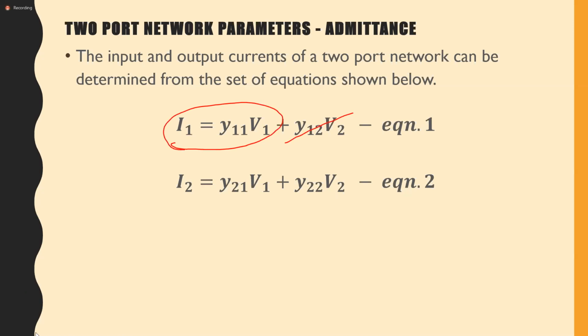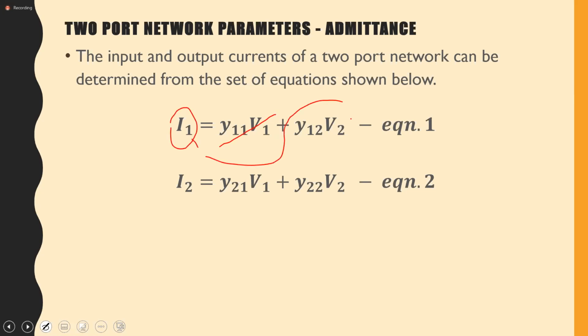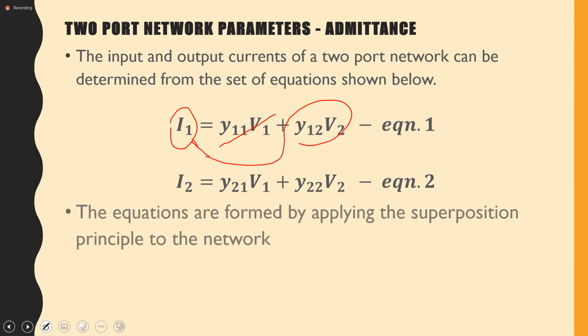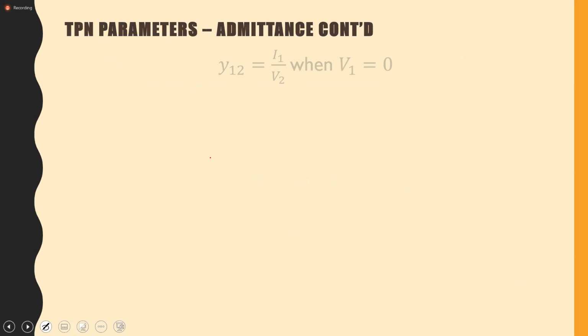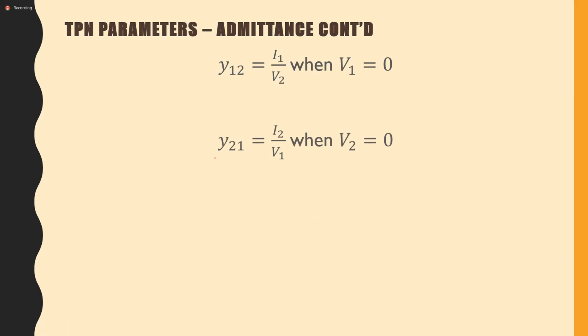If I made V1 zero, then that goes, and I'd get Y12 from that expression. So I'd get Y12 being equal to I1 over V2. All right, and then we'll repeat the same for the second equation. So we have Y11, so I have Y12. I can also find Y21 and also Y22. Fair enough?